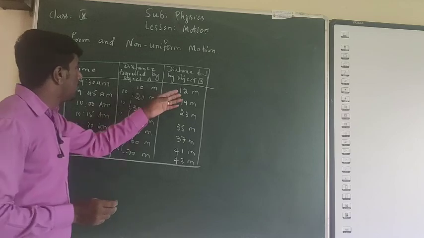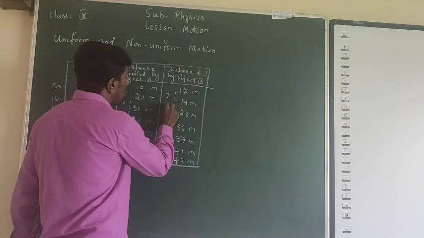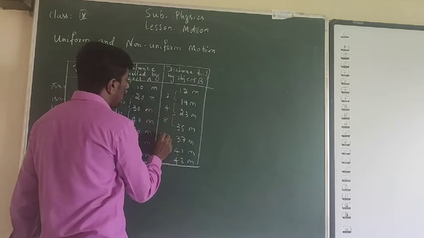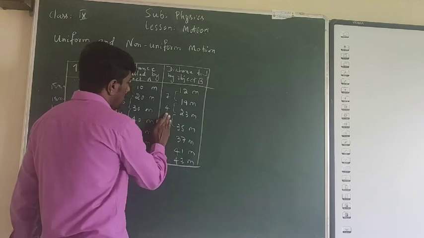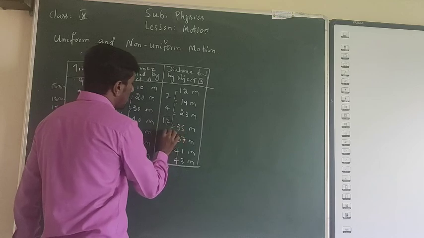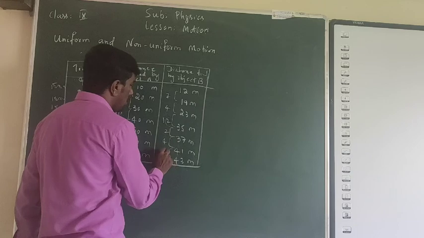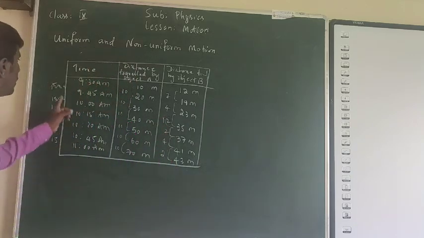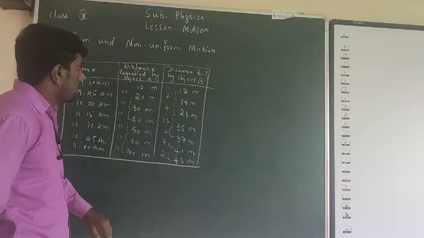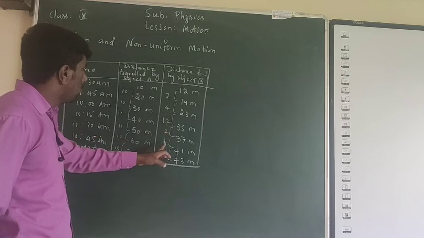Okay. Similarly, observe here. Between these two, the distance is 11. Between these two, the distance is 12. Between these two, the distance is 2. Distance is 4. Now, in this interval, it traveled 11 meter, but here it is 12, 2, 4, 2.